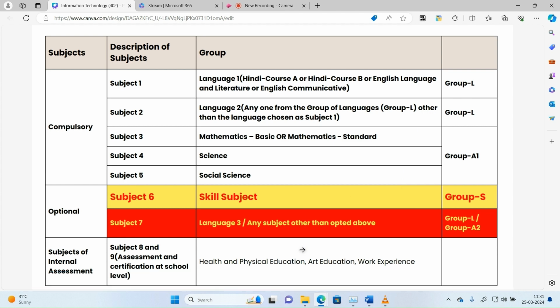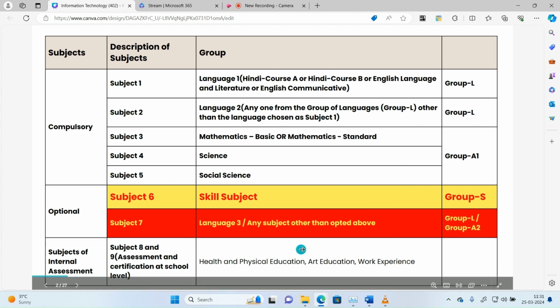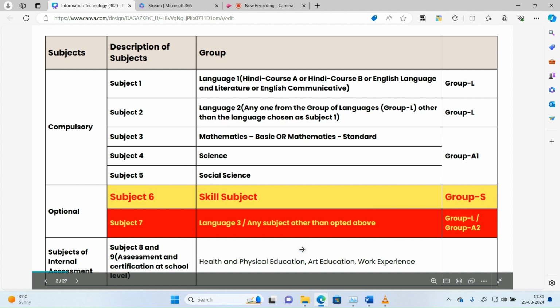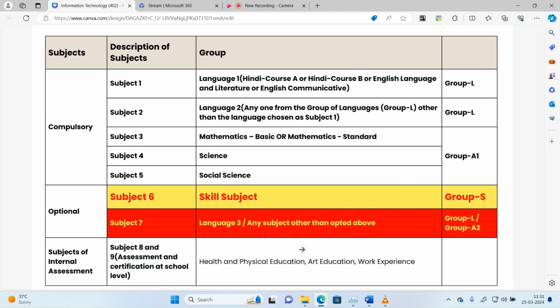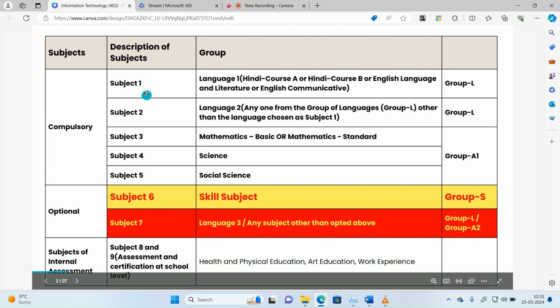The assessment of these two subjects is made at the school level only, so we don't have to worry about that. Basically, health and physical education, art education, and work experience are areas where you normally get good marks, and you get grades for these subjects. So your main subjects where you have to study right now are subject 1 to subject 6.